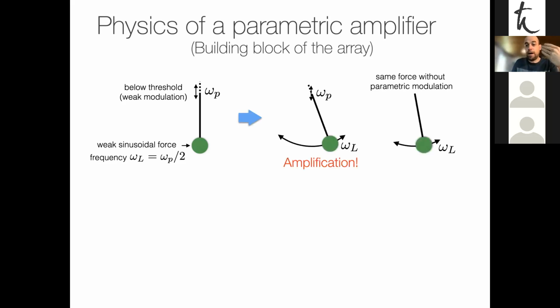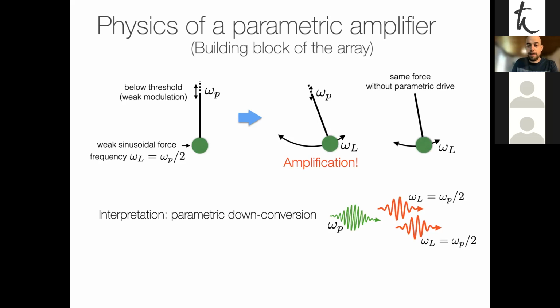And if I compare the amplitude of the oscillation with the one without parametric driving, you see that the amplitude is going to be larger. In a quantum mechanical setting, I can interpret this by saying that the pump photons are being down converted and split into a signal photon with half the frequency.